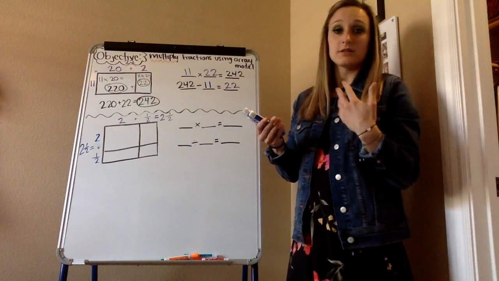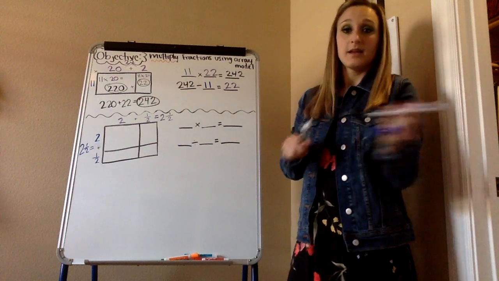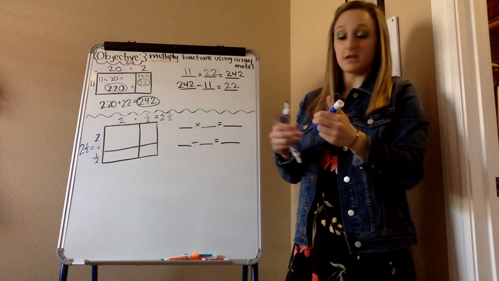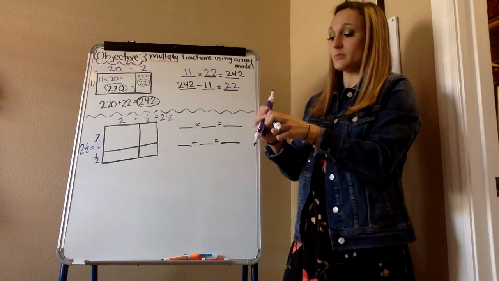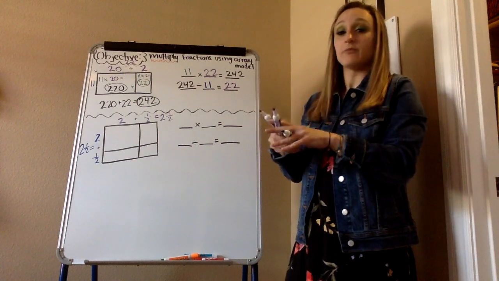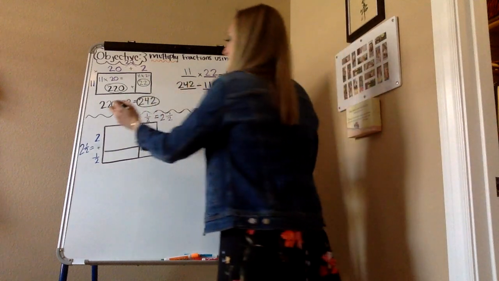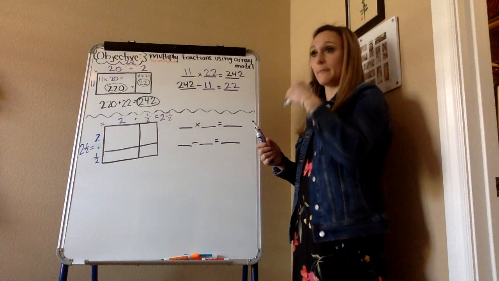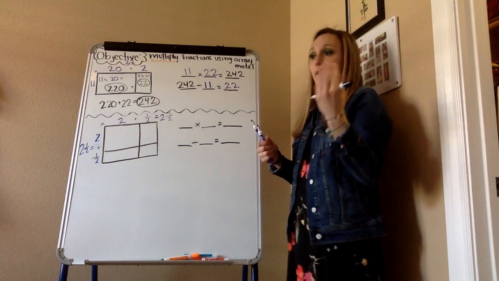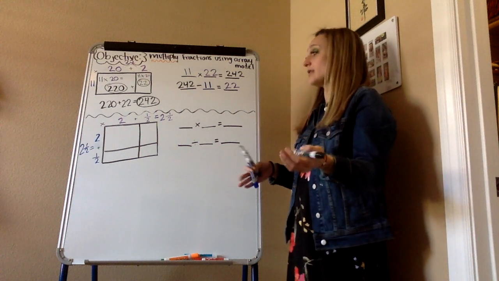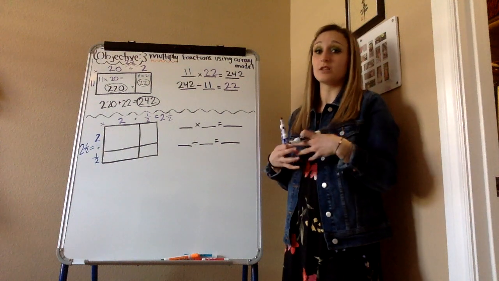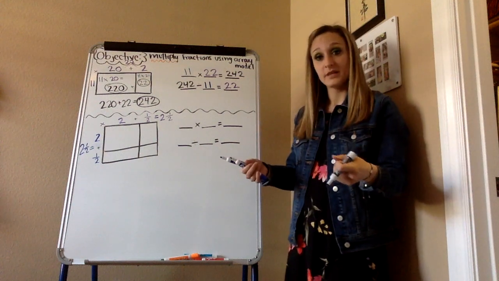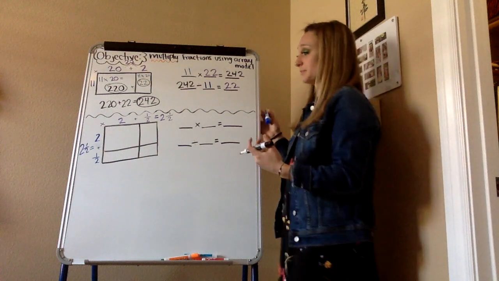Now what I need to do is go through each box and do the multiplication. Remember, these boxes are a way of breaking up your multiplication. And I know this isn't everyone's favorite way of multiplying, but it is a really good visual way to break it up in case you need that step by step.